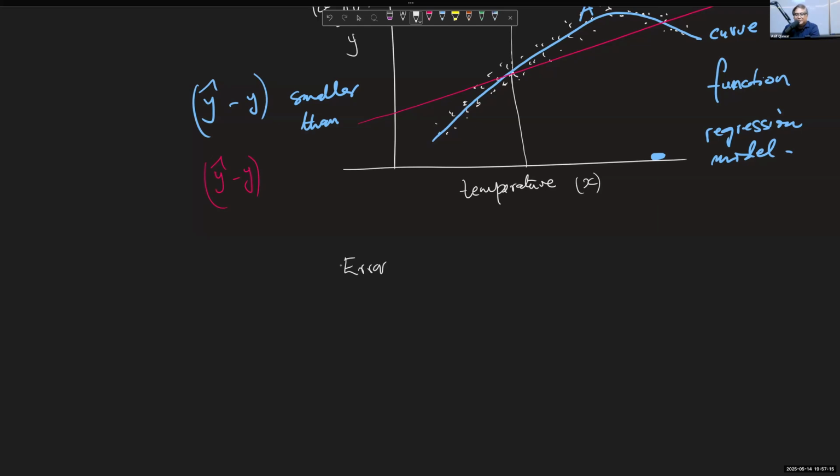We could start by saying for every point, irrespective of the model, whatever the model is, I could do this. Suppose you have the errors. I define the error of every prediction to be y minus y hat. Traditionally, it's written like this, y hat i. This is the error.